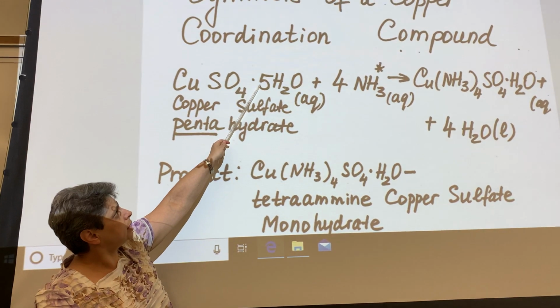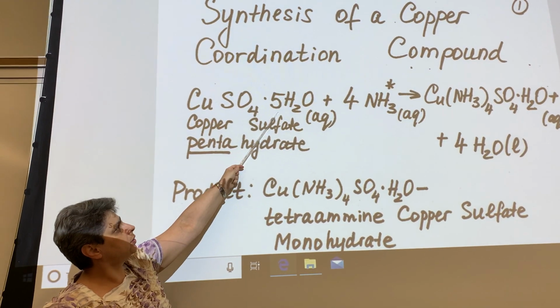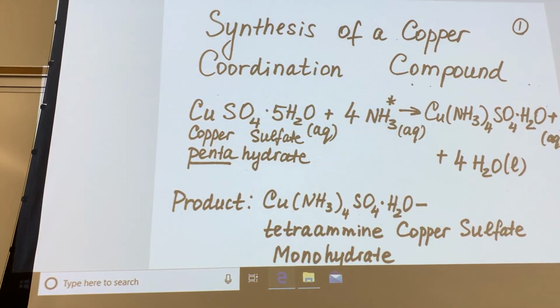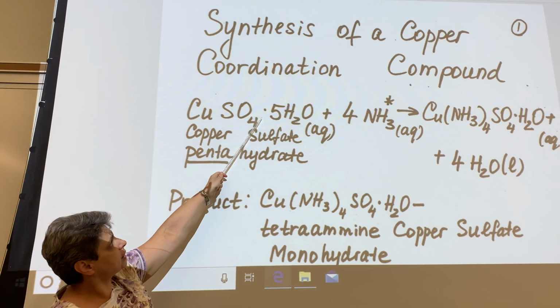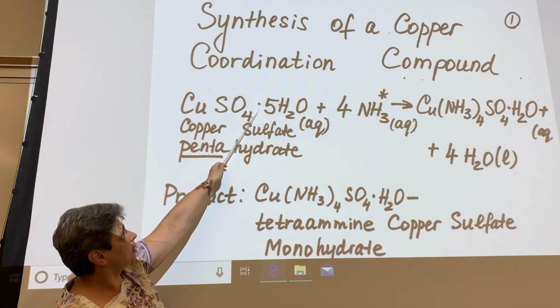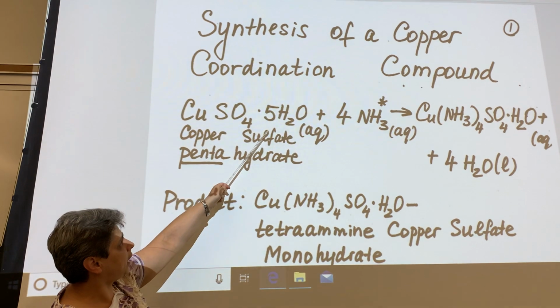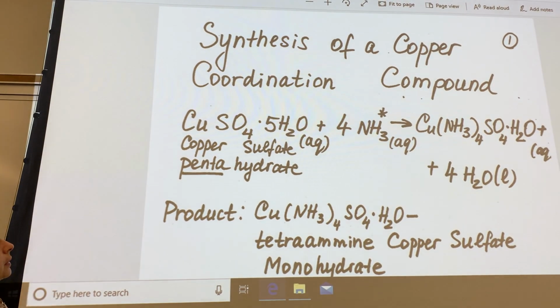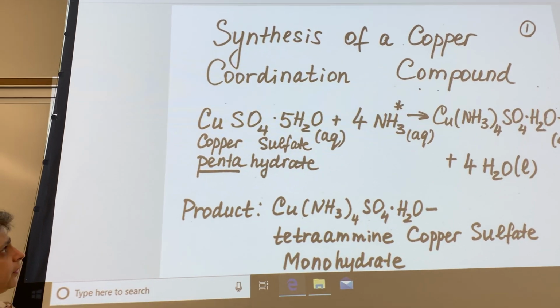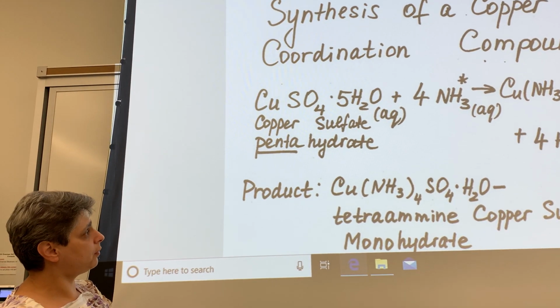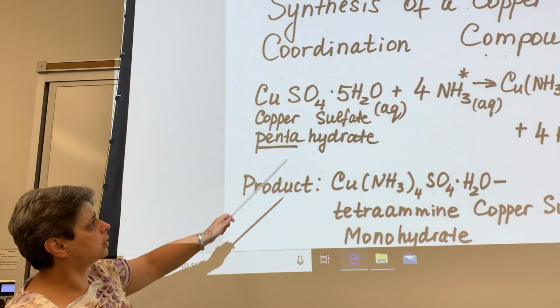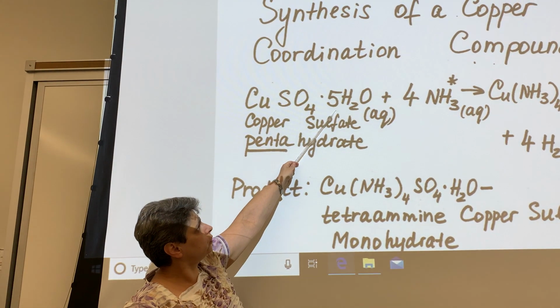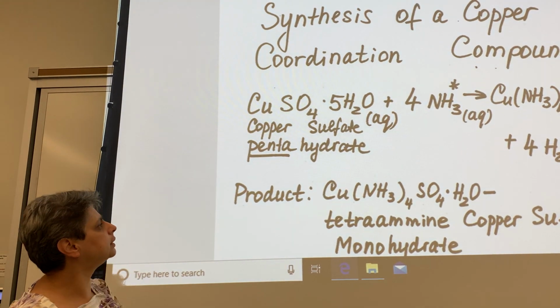Pentahydrate in the name corresponds to 5 water molecules present in this particular compound. The dot here represents a special type of chemical bonding that exists between copper sulfate and water. Coordination bond is characterized by the fact that it's a fairly weak type of bond, and water in general can be easily removed from the solid by simply heating it.